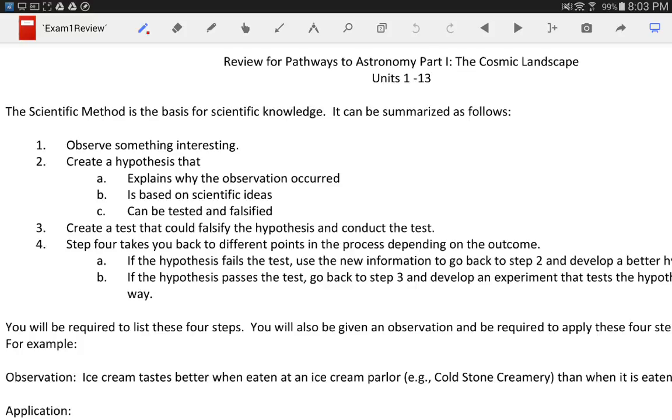So you have those steps: observe something interesting, create a hypothesis that has these 3 parts. Number 1 explains why the observation occurs, right? Your hypothesis needs to say, I saw this and it happened because of this. The reason needs to be based on scientific ideas. It has to be based on something that is a part of nature that has been studied before.